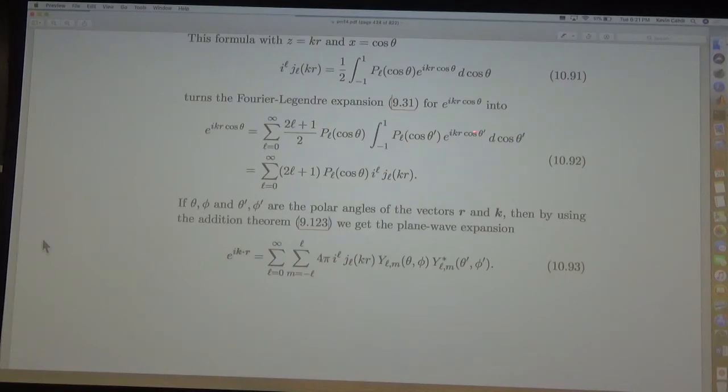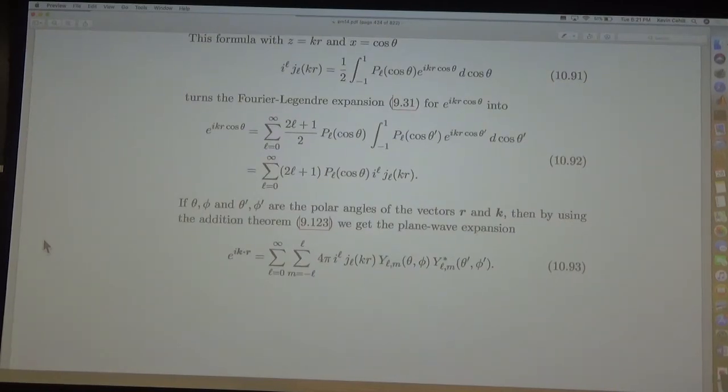So you can then rewrite the Fourier-Legendre expansion for e to the i kr cosine theta, and maybe I should write what that is. Let me see if I can find it easily. It's 931. This is something we learned in the previous class, last week, I guess.